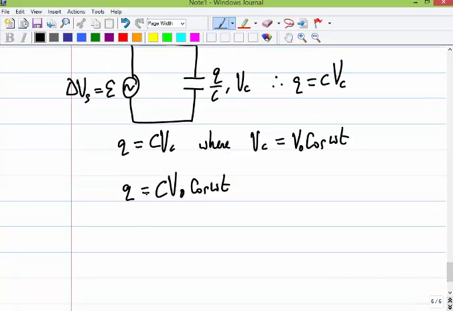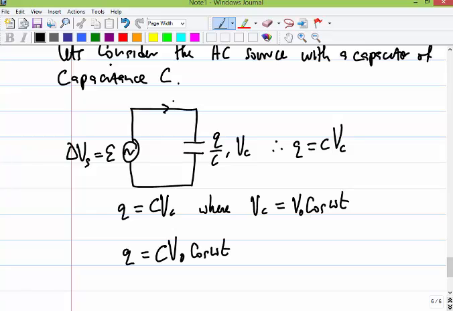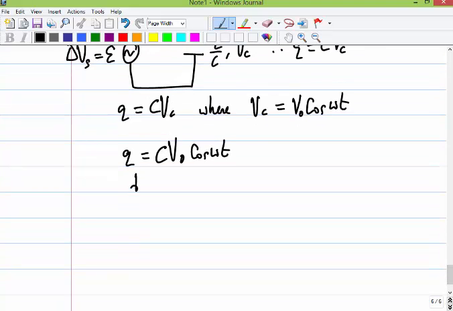So the current flowing through this circuit can be found by taking the derivative of the charge. So this is I. The current through the circuit, dQ/dt, is equal to I, which is equal to C V naught times d/dt of cosine omega t.